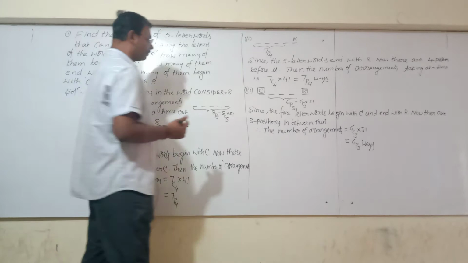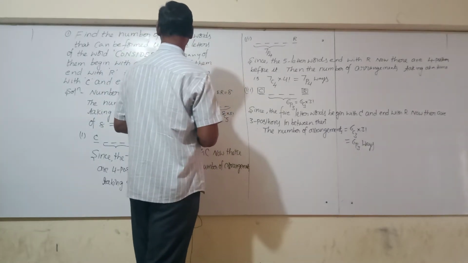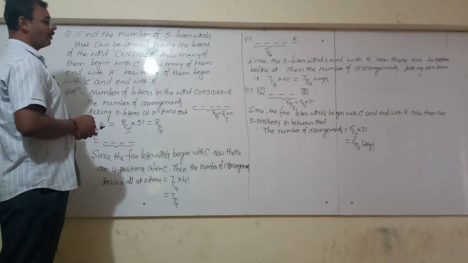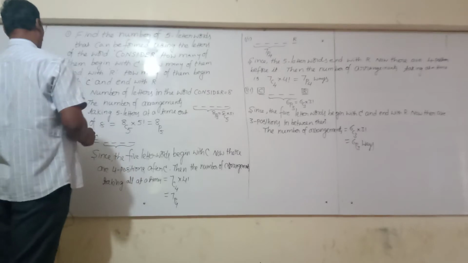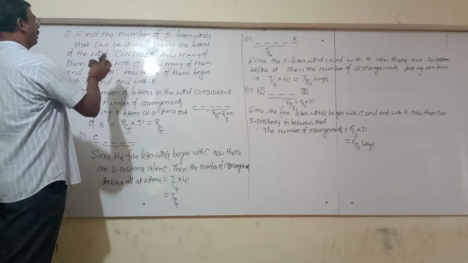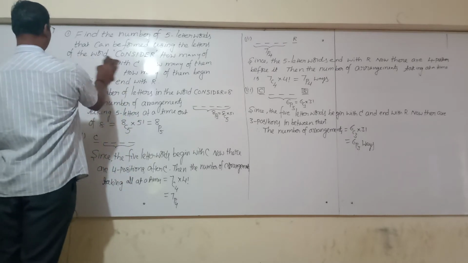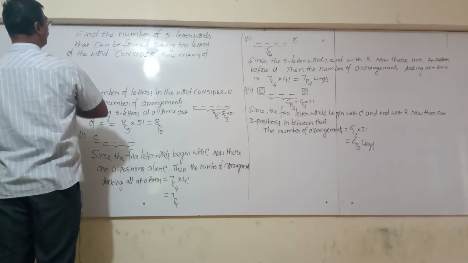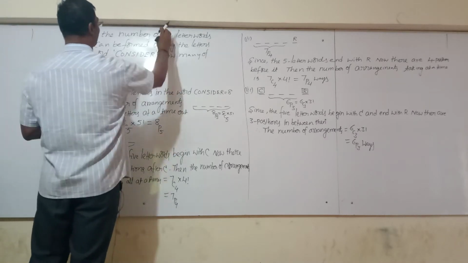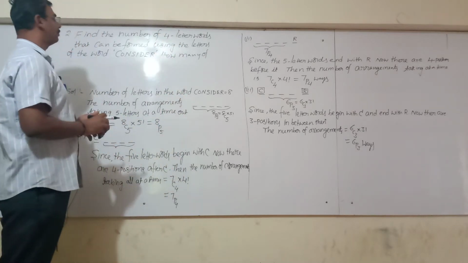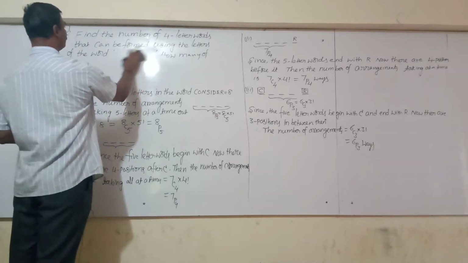Next question, take one more problem. Question number 2: find the number of 4 letter words that can be formed using the letters of the word.